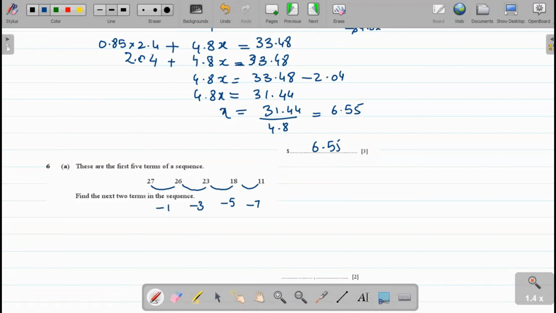It means the next value will be -9. When we add 11 minus 9, the answer is 2, and next will be -11. The next value will be 2 plus -11, which is equal to -9. Therefore, 2 and -9 is the answer.